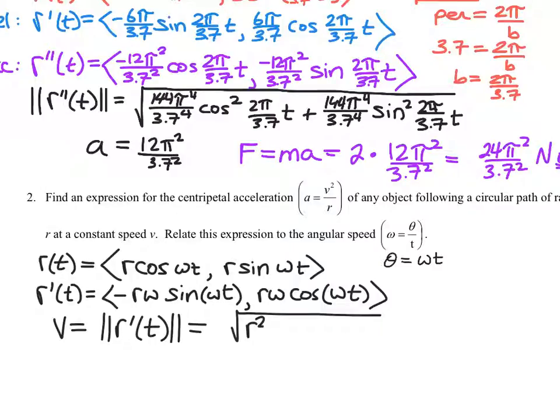So r squared omega squared sine squared omega t plus r squared omega squared cosine squared omega t.